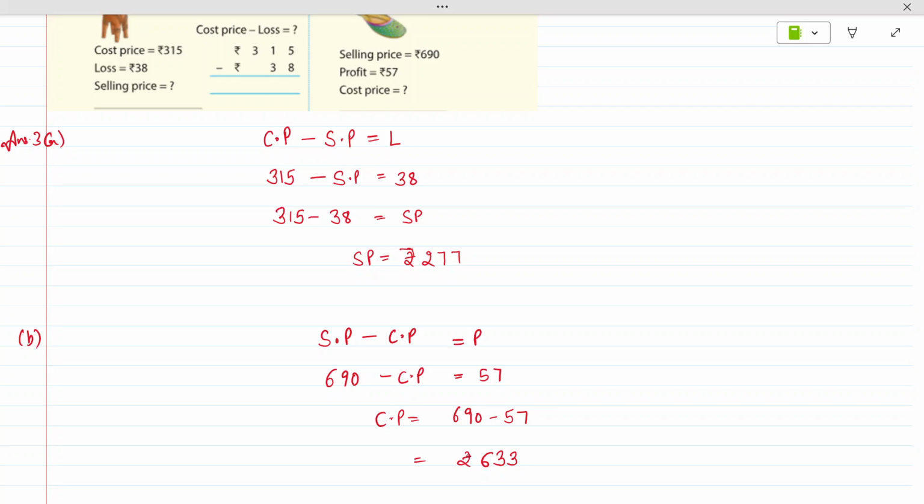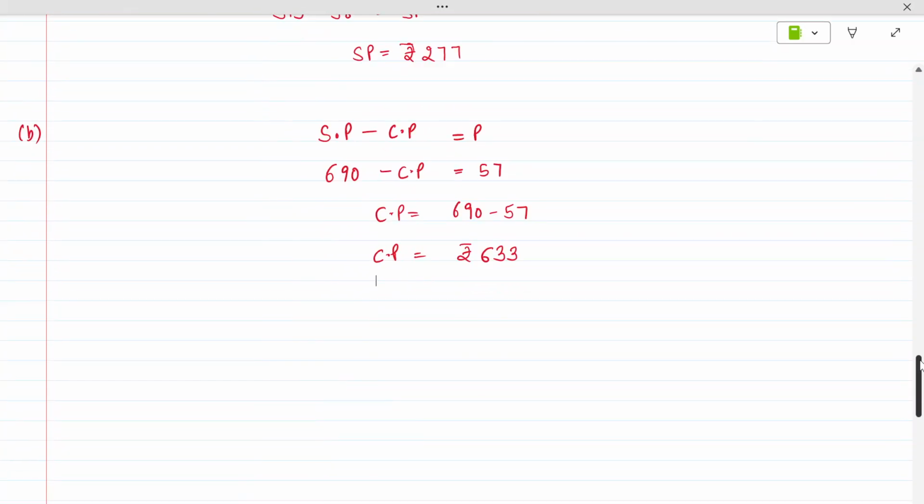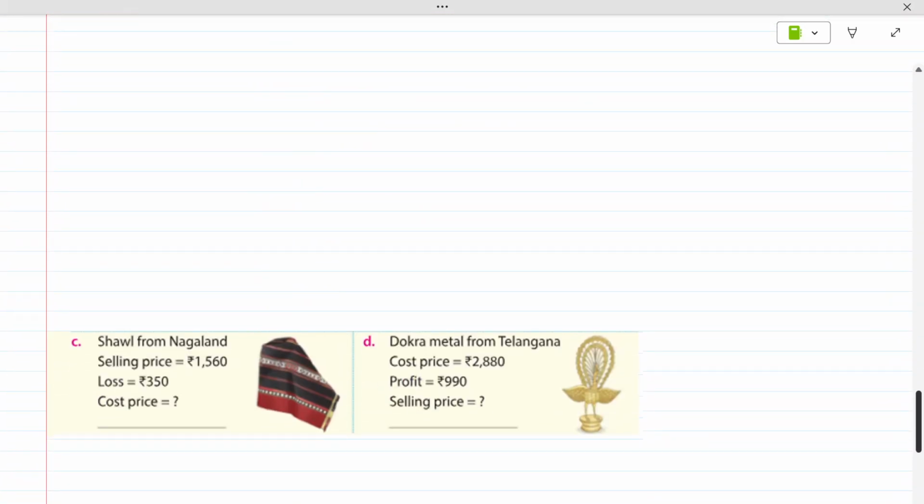So CP will be rupees 633. I hope this is clear. Again, I am saying the same thing, kids: we have to remember these two formulas. If we know the formula, we can easily do these questions.